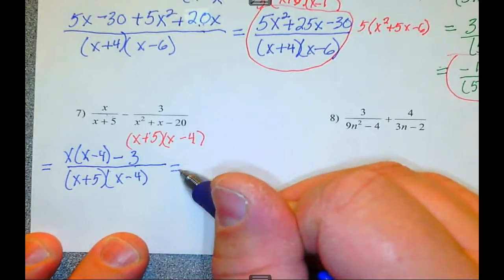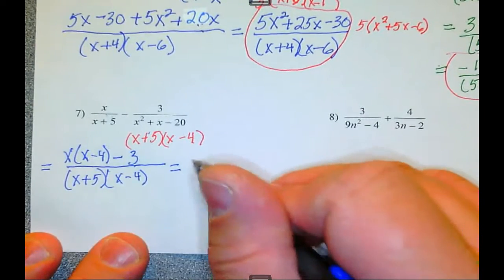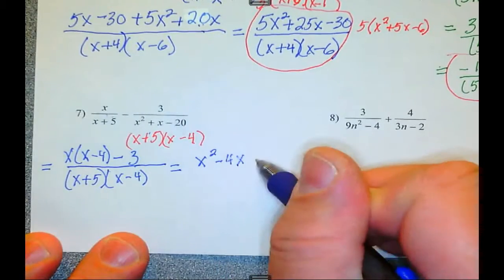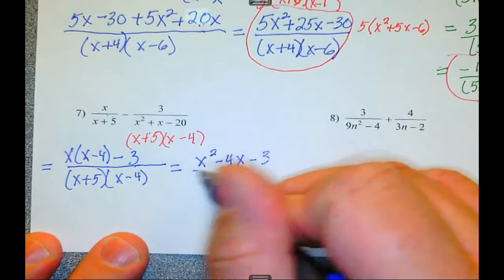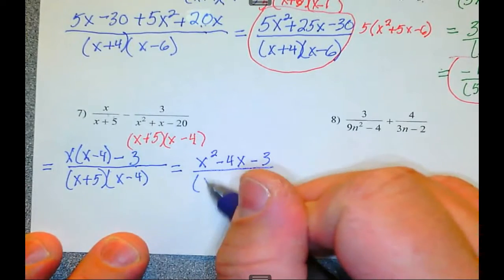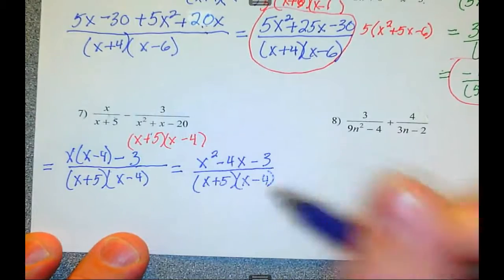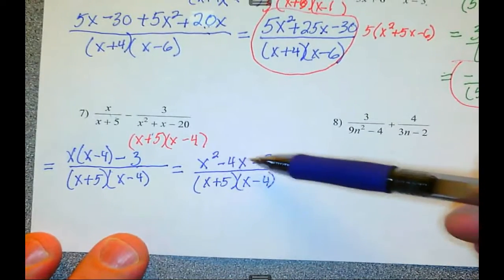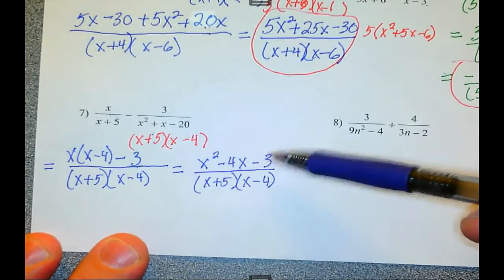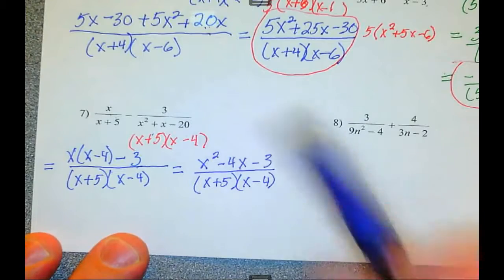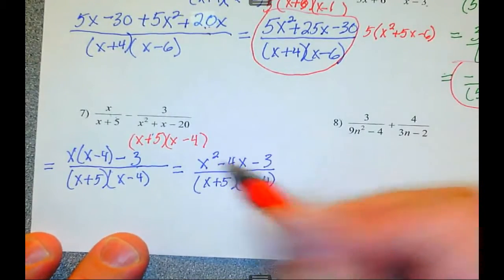Okay, distribute: x squared minus 4x minus 3 all over x plus 5, x minus 4. Have to check to see if this factors. Plus 3, minus 1, minus 3. Nope, doesn't factor. I'm good. That was an easy one.